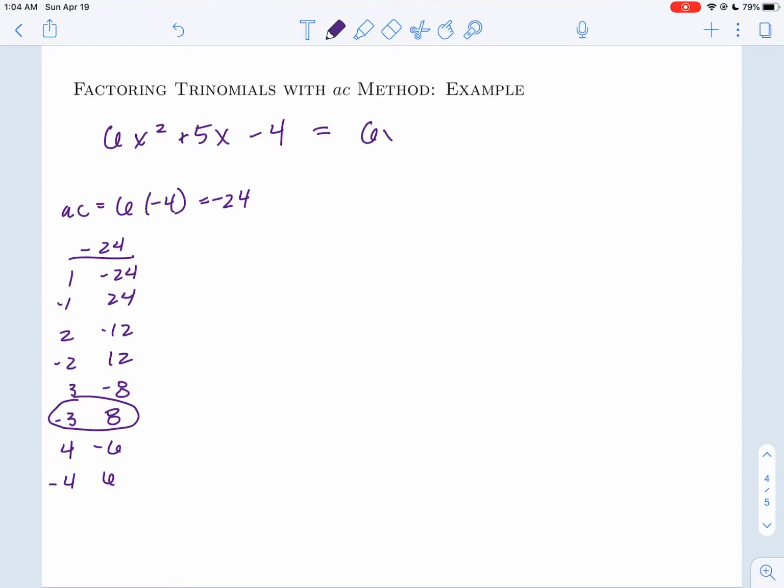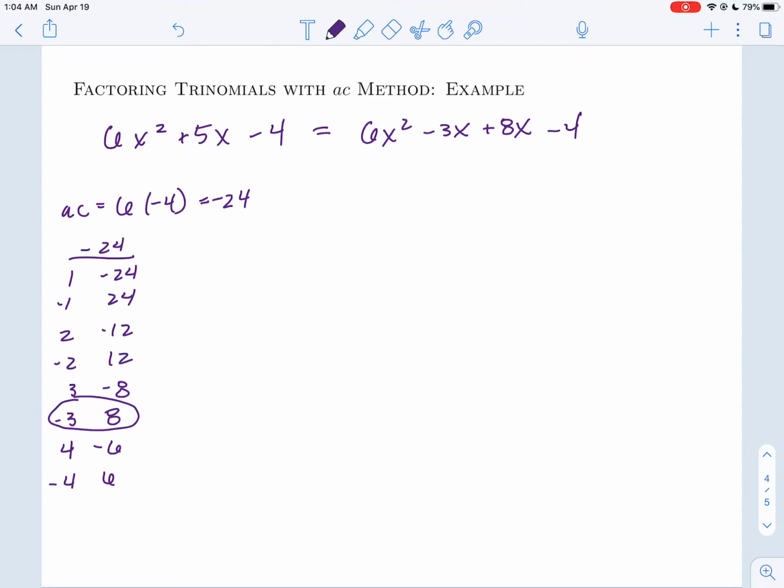So just like we did in that last example, I'm going to leave the 6x squared alone. I'm going to replace the 5x with a -3x and a +8x. And then I'll leave that -4 alone. So all I've done is I've replaced that middle term with something it's equal to, because it's going to let me do that factoring by grouping.